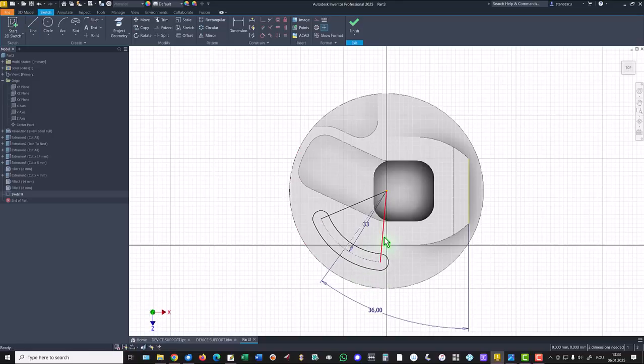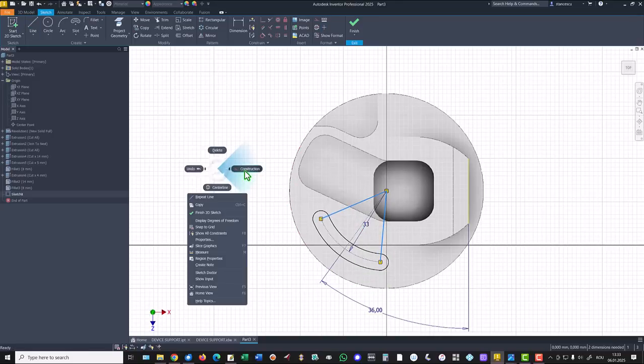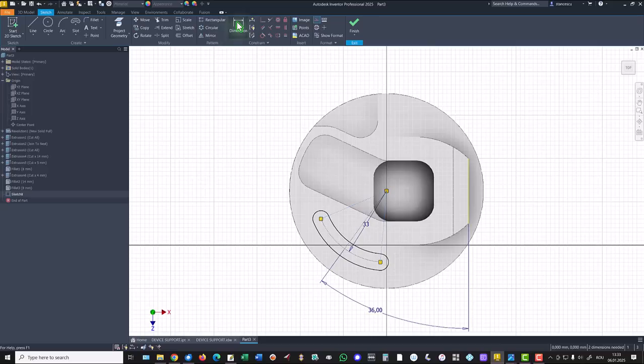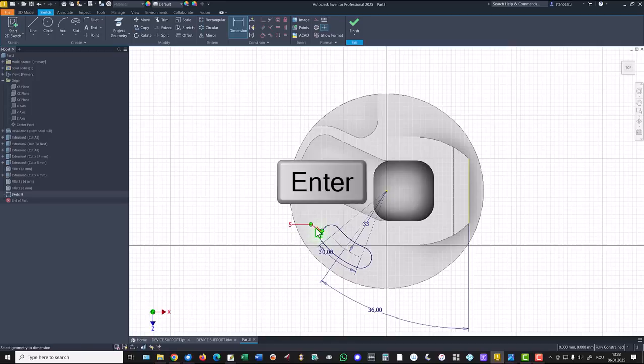Why? Because I have to place another angle of 30 between these two lines. 30. The radius is 5. And we have a fully constrained sketch.